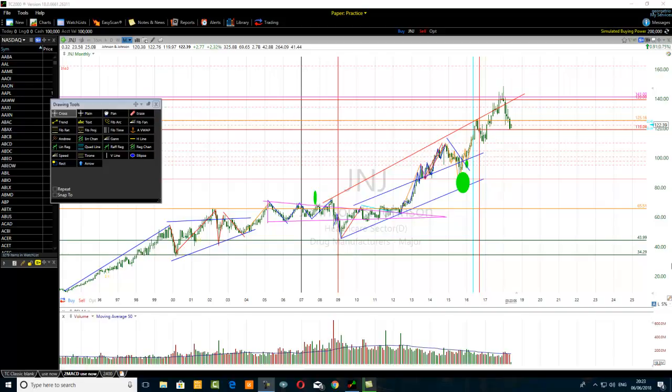Sometimes you may see the pattern, which is the ABCDE corrective wave, but if you do not enter the trade at the safest place, you can end up losing. There are two types of traders. There are some traders that are risk averse. They hate to lose, and when they lose, it affects them so much.